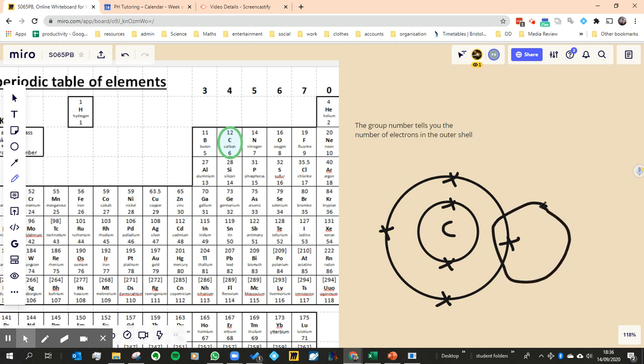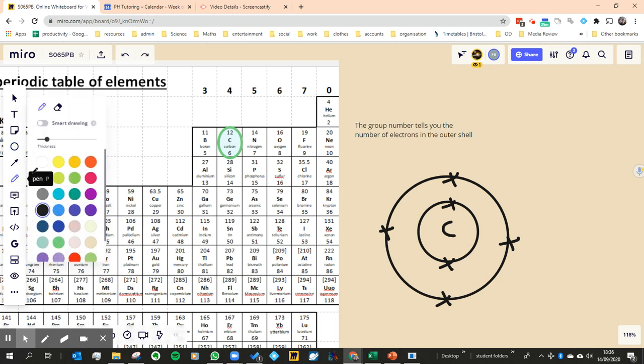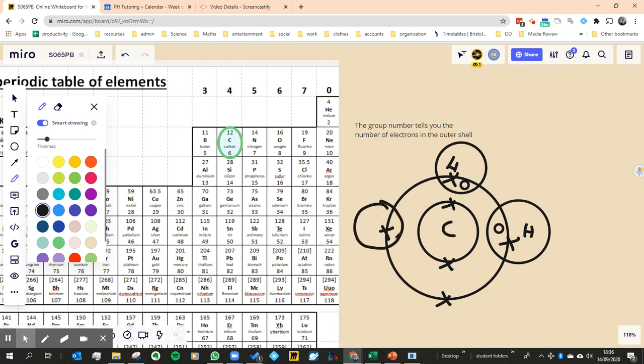that's messy. That's better. So hydrogen is going to share with it. I'm just going to draw the circles first.